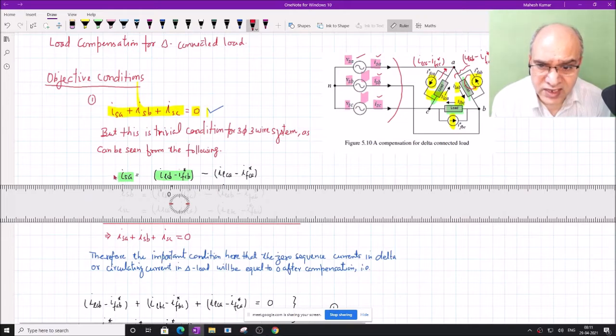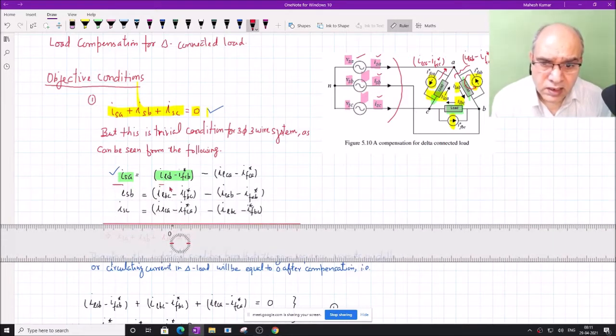So therefore, IS is equal to ILAB minus IFAB. So this is the effective current for AB, and minus the CA effective current, which is ILCA minus IFCA star.